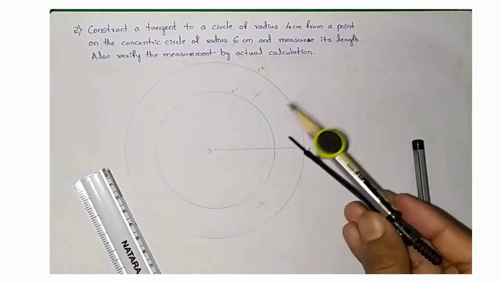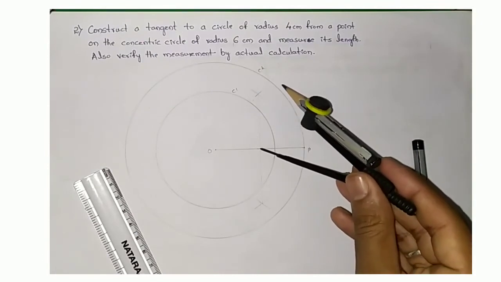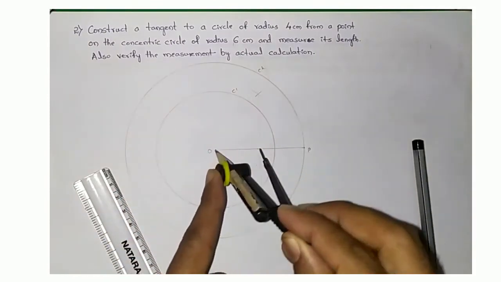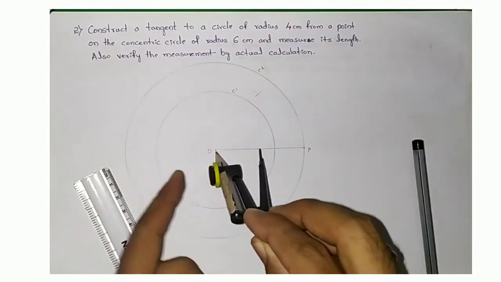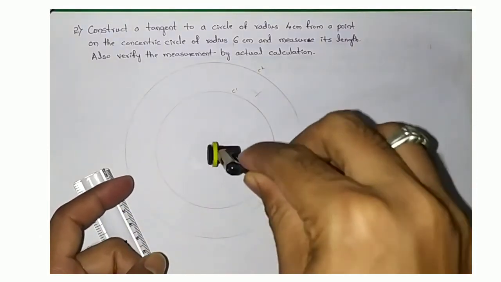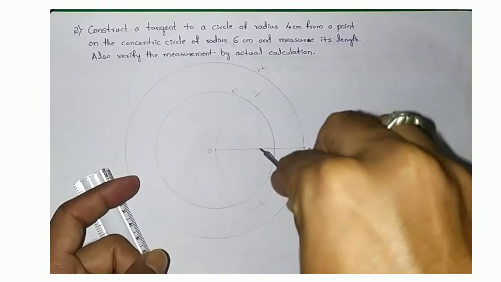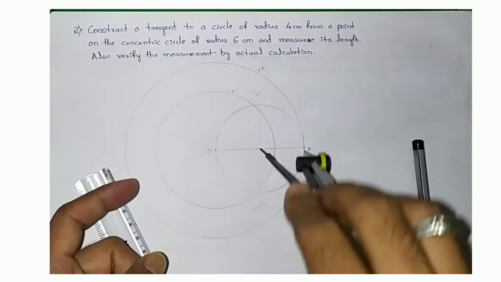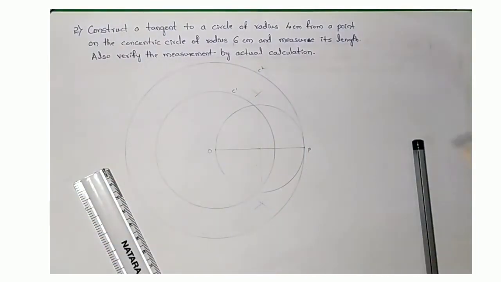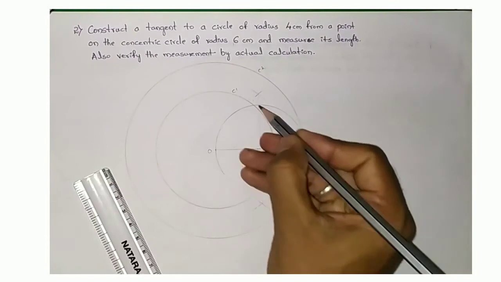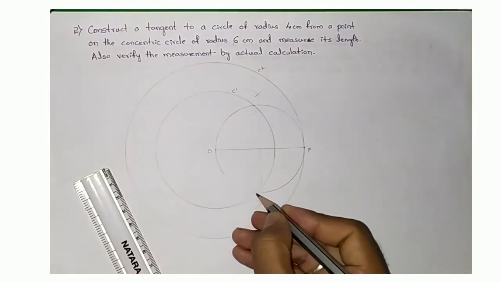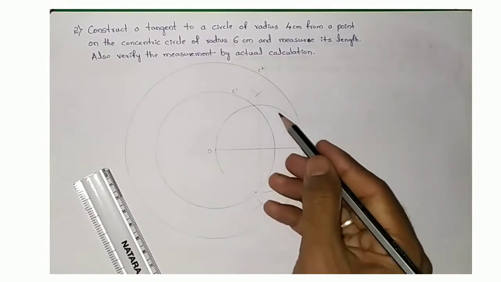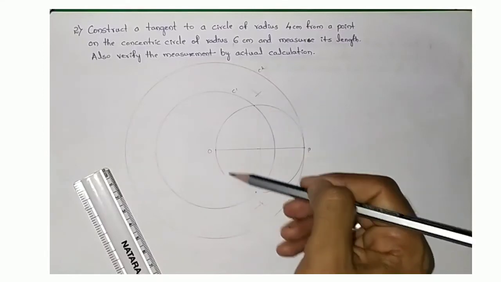Now draw another circle which will pass through O and P, taking it as center. See here, exactly that circle is passing through O and P. Now we got the points where this new circle is intersecting the inner circle at 2 points.